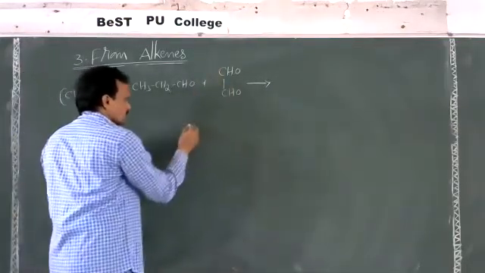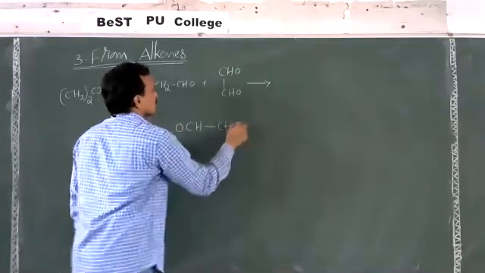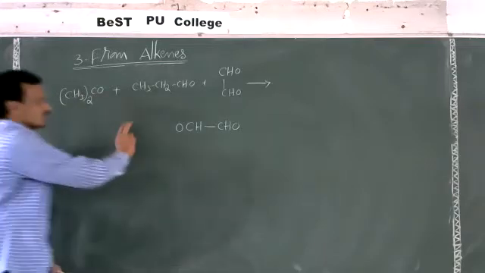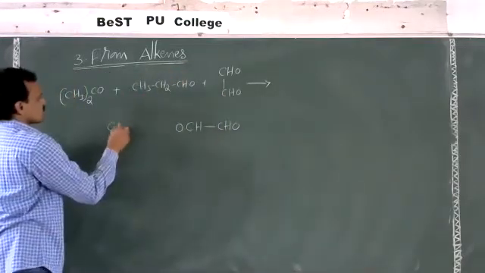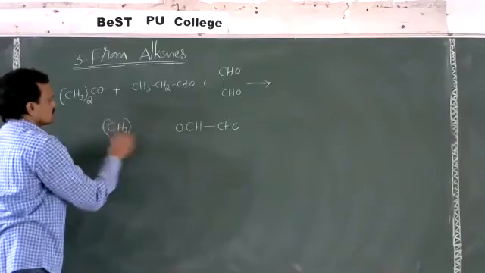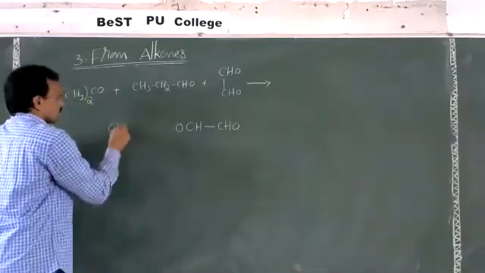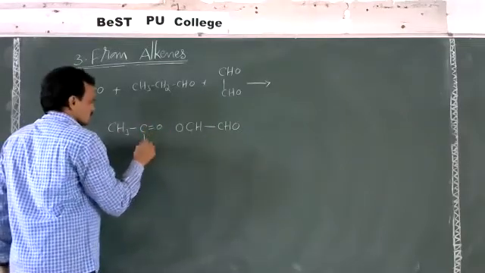First I'll take that in the middle, CHO single bond CHO. Now represent this molecule either this side or this side, anyone, no problem. I'll represent this side here. CH3 taken twice means I'll expand that clearly. Now this is CH3, C double bond O, CH3.